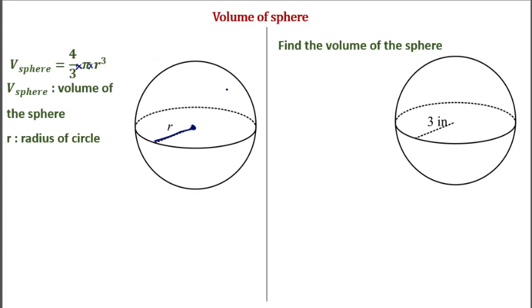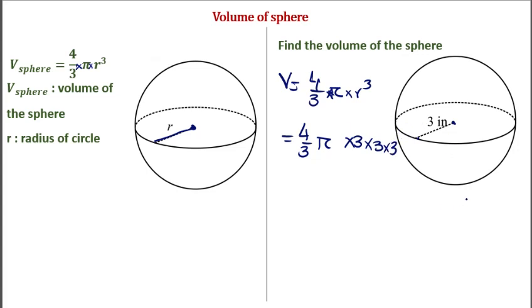Okay, let's move to examples. Find the volume of the sphere. 3 is from the center to the sphere, so this is the radius. So the volume will be 4/3 pi times r cubed. 4/3 times pi times 3 times 3 times 3, because we have cube.